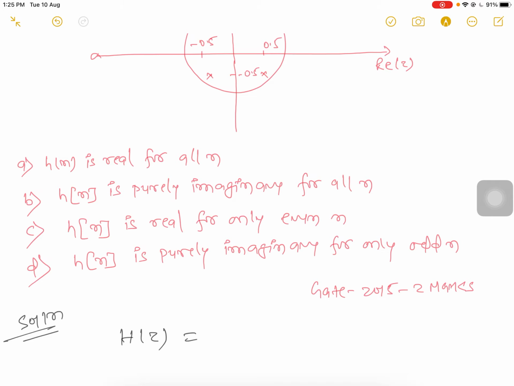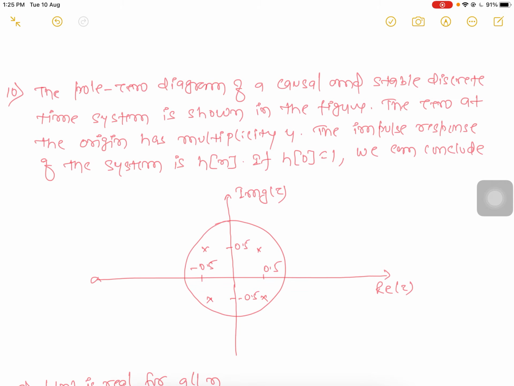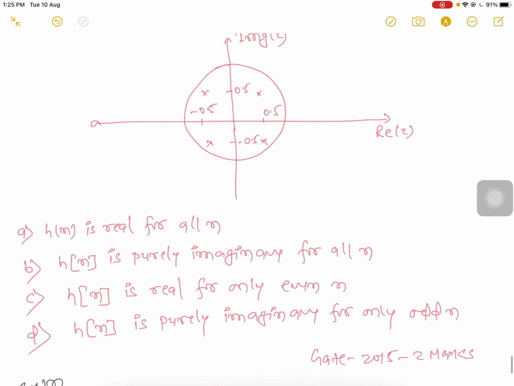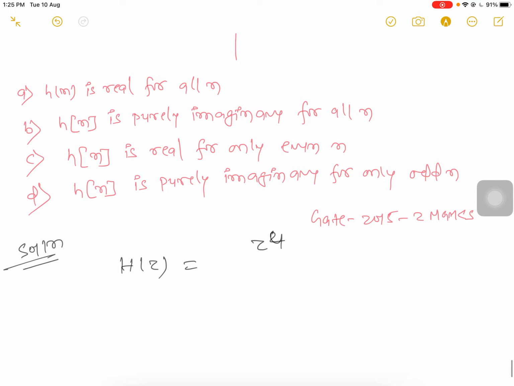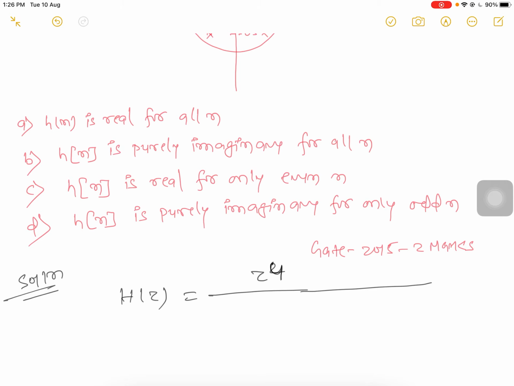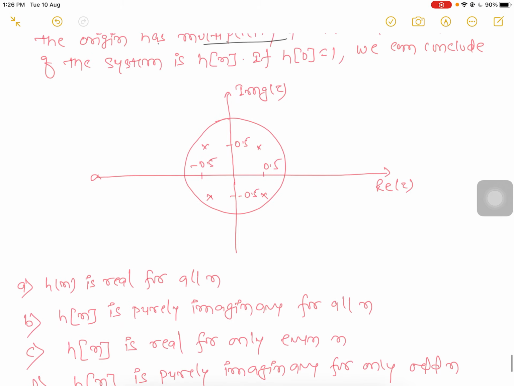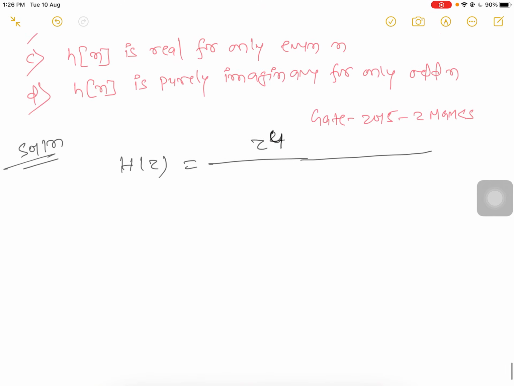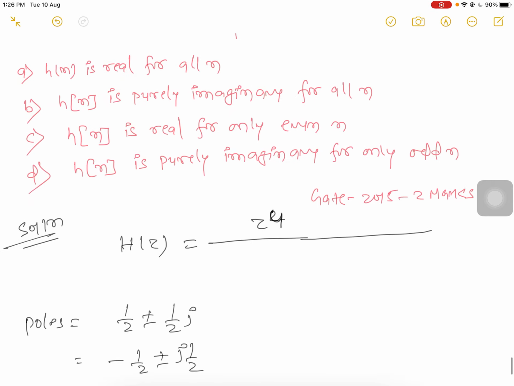Okay, now we can say that H(z) is equal to, here the zero at the origin has multiplicity 4, meaning the transfer function has 4 zeros at the origin. Coming to the poles position, the poles are complex conjugates. From the graph, the poles are 1/2 plus minus j 1/2, and the other poles are minus 1/2 plus minus j 1/2.